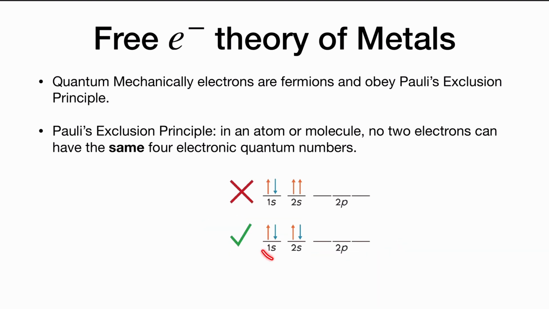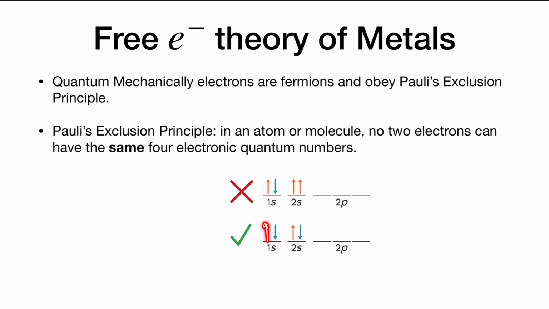So for instance, in the first orbit, where n equals 1, the maximum number of electrons that can be accommodated there is 2. Although they will be on the same energy level, they have to have different spins. That is why we draw one electron up and one down.